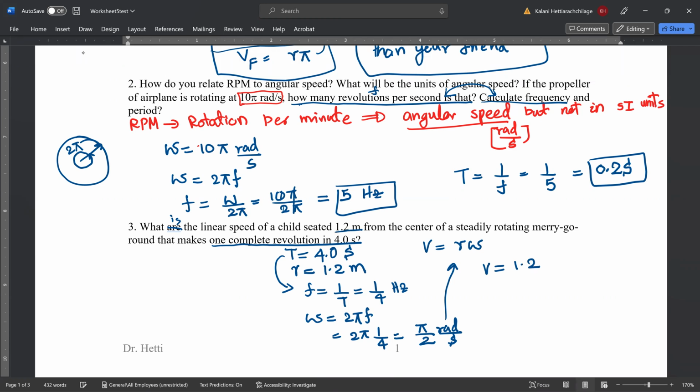This value is R. And omega, I already found pi/2, times pi/2, and units meters per second for the linear speed. Okay, so now let's plug this into the calculator and I hope my answer is correct. I have V equal 1.9 meters per second.